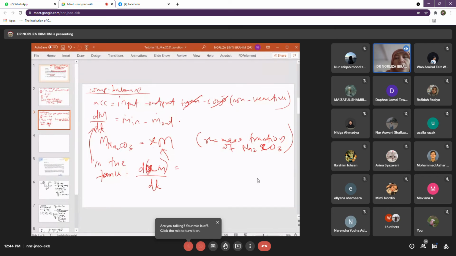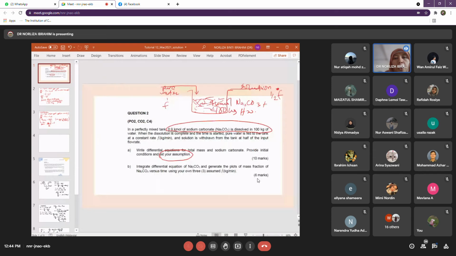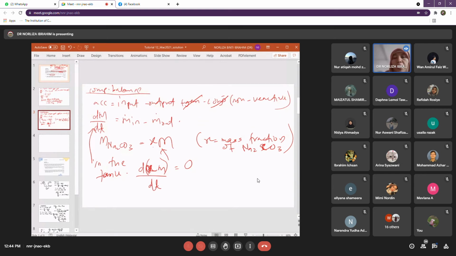Your M dot in. Do you have any flow of the sodium bicarbonate in the feed? Zero, because as mentioned in the question, pure water is being fed to the tank, so no sodium bicarbonate is fed.